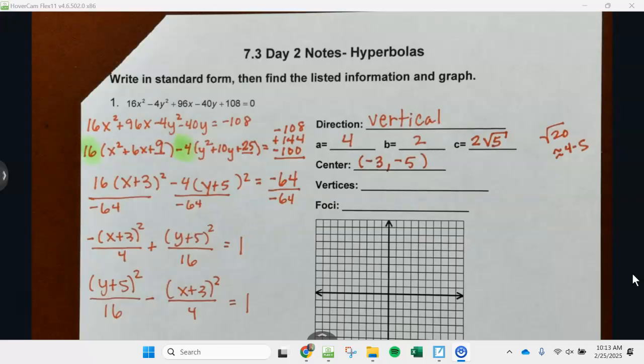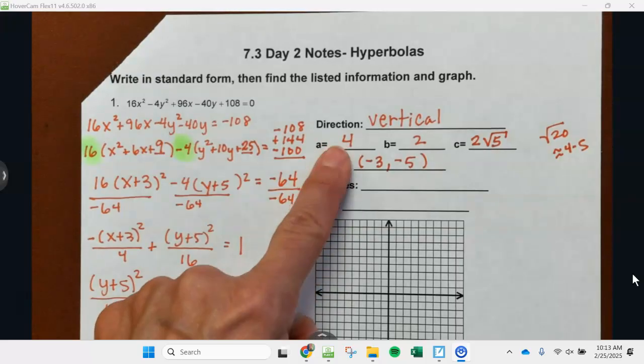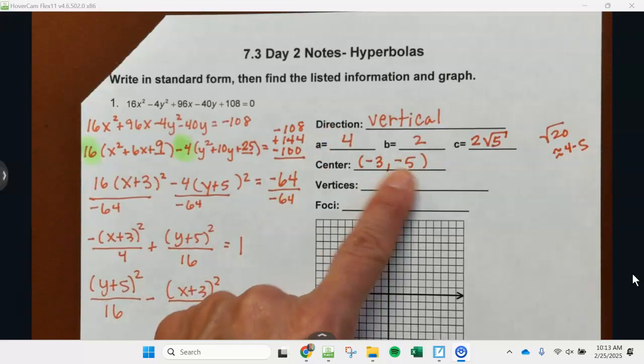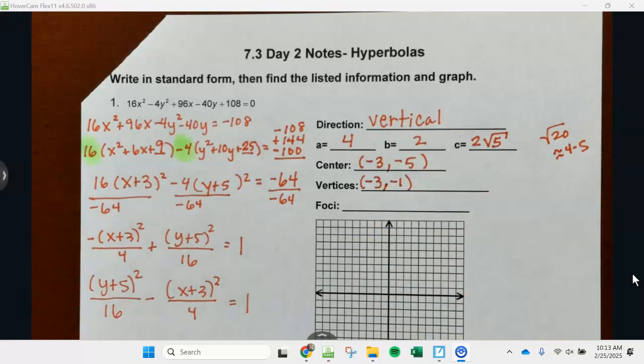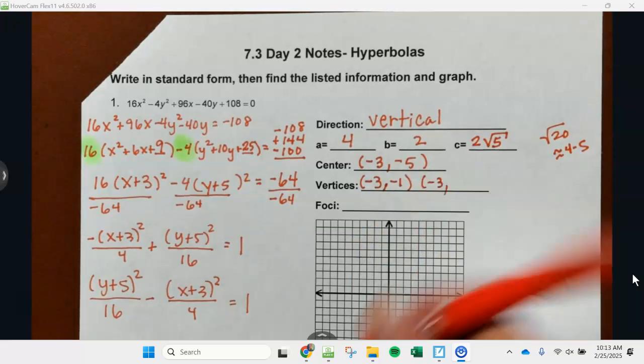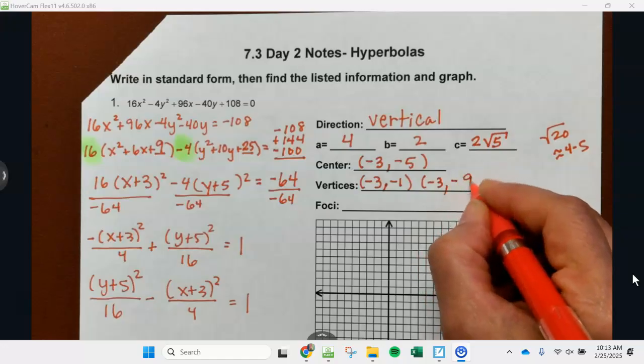All right, here we go, guys. Everything is a vertical move from the center. So 4 places above negative 5 is going to be negative 1. 4 places below that negative 5 is going to take us to negative 9.